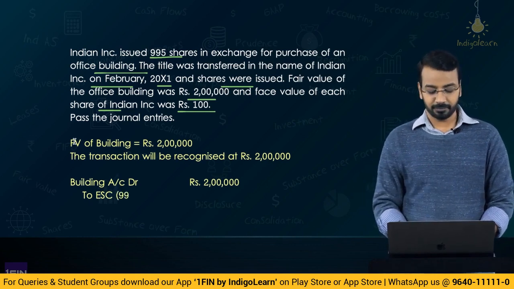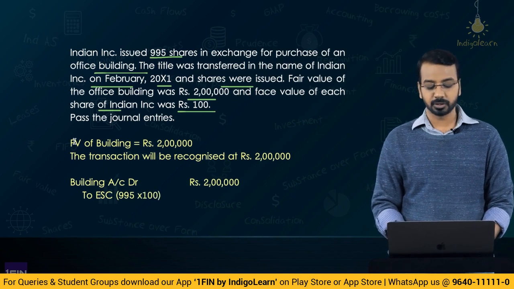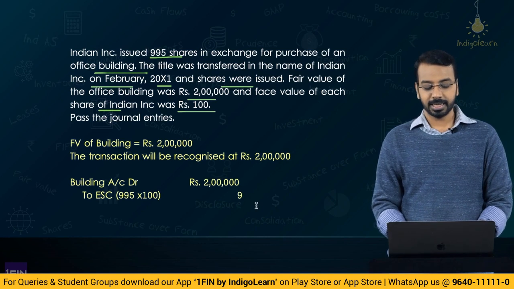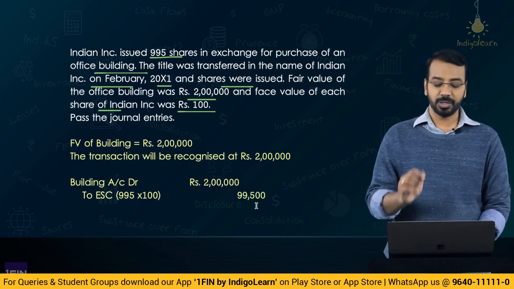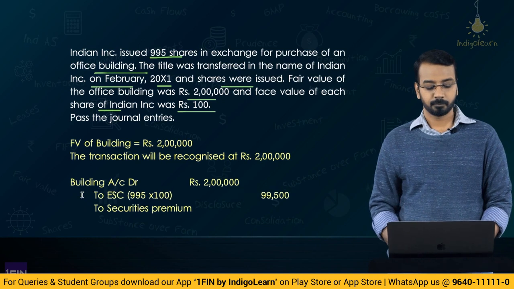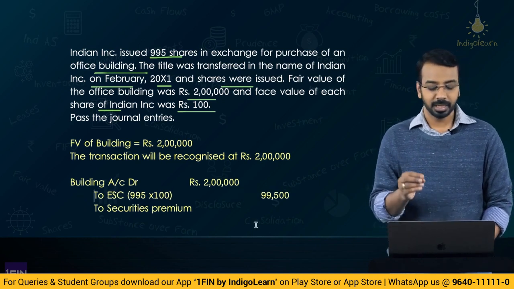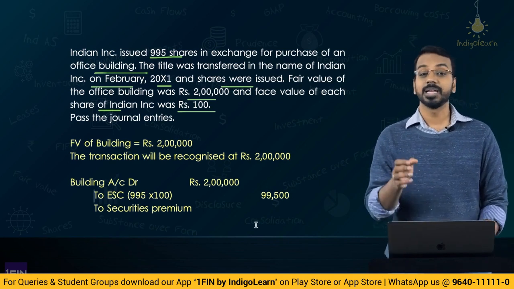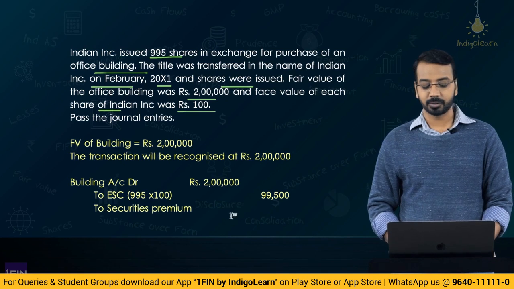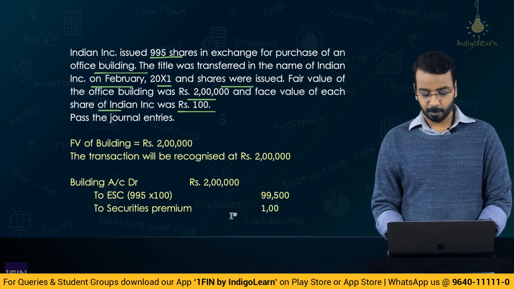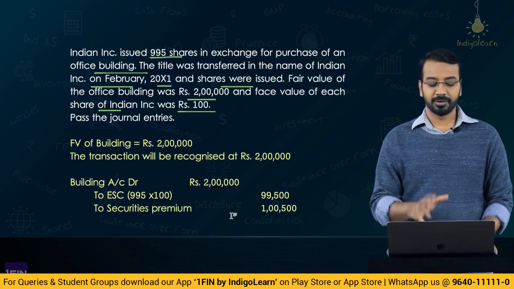We have issued 995 shares of face value 100 each. 995 into 100, that is 99,500, will be credited to equity share capital, and the balance, that is 1,05,000, will be credited to the securities premium account, right?